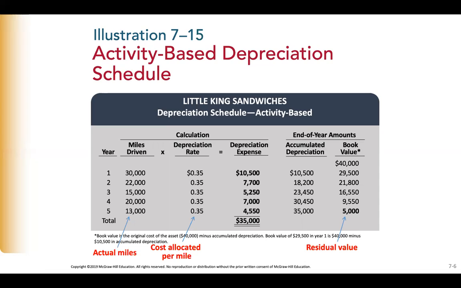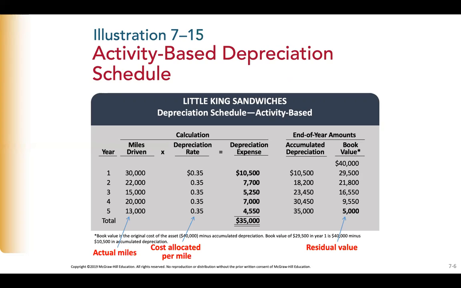What if we drive the delivery truck less than 100,000 miles by the end of the 5th year? We will then continue to depreciate the truck past 5 years until we reach 100,000 miles. Similarly, if we drive the delivery truck more than 100,000 miles by the end of the 5th year, we will stop depreciating the truck at 100,000 miles before the 5 years are up.